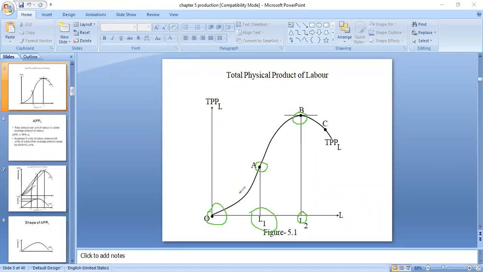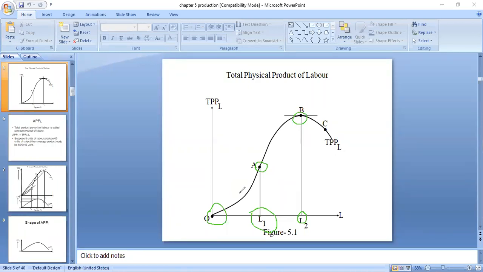And the rate, how can you get the rate? Divide the total product by the number of labor, so you will get the rate. So 1 labor, 2 units output; 2 labor, 4 units output; 3 labor, 8 units output. So increasing at an increasing rate. On the other hand, with 1 labor, 1 output; the second labor, 2 output; the third labor, again 1 output.